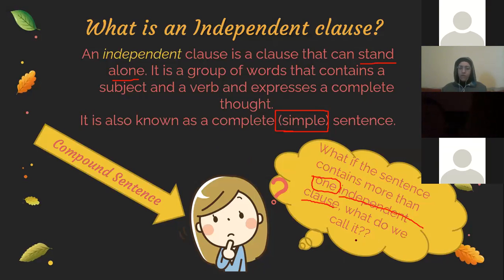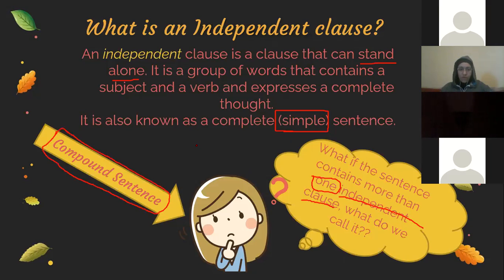What do we call it? In case you find in the sentence more than one independent clause, we mean more than one complete subject, more than one complete predicate, and more than one idea, then it's not a simple sentence anymore. It makes a compound sentence.